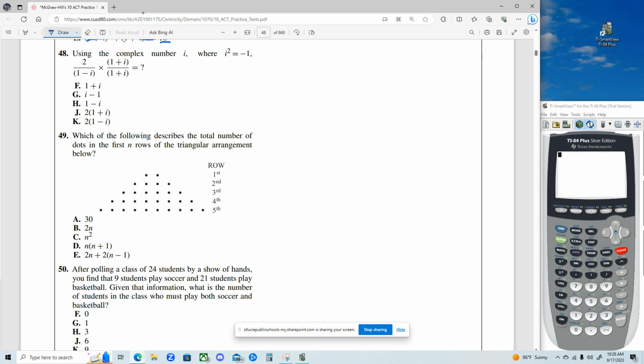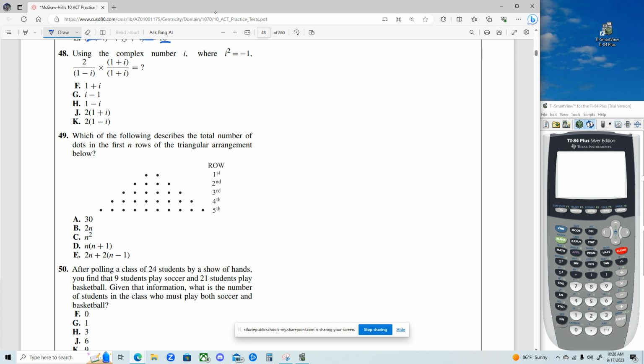Okay, so we can tell we're getting closer to the end of the test because this is looking like a lot right now. 2 over the difference of 1 and i times the sum of 1 and i over the sum of 1 and i.